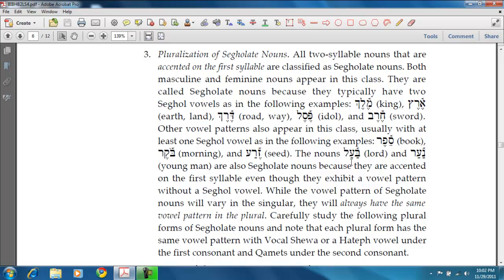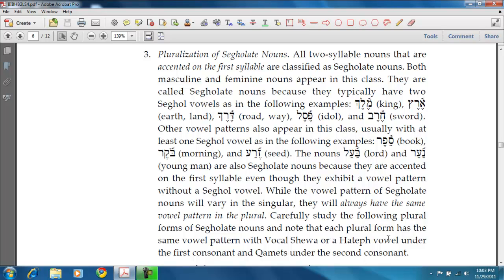We even have cases where it has no segols, just the patach, like in baal for lord, or na'ar for young lad. So they're also segolate nouns because they are accented on the first syllable, even though they exhibit a vowel pattern without a segol vowel. Now, the vowel pattern of the segolate nouns will vary in the singular, but they will always have the same vowel pattern in the plural.